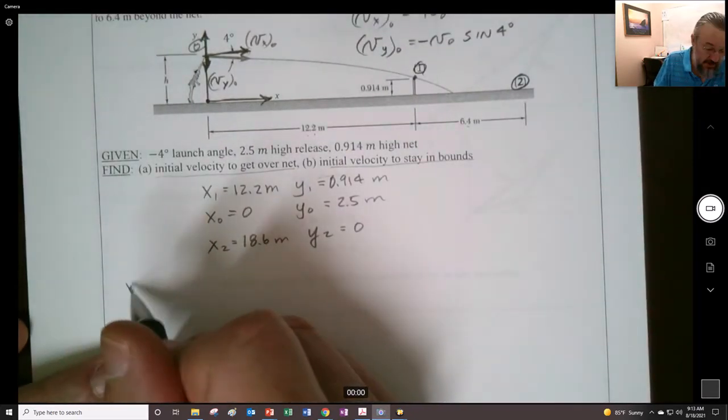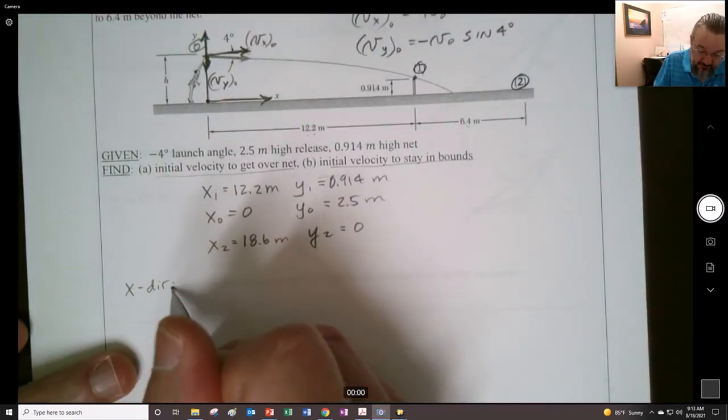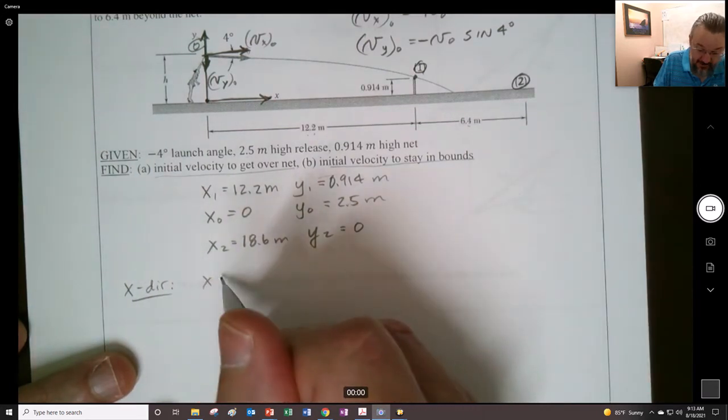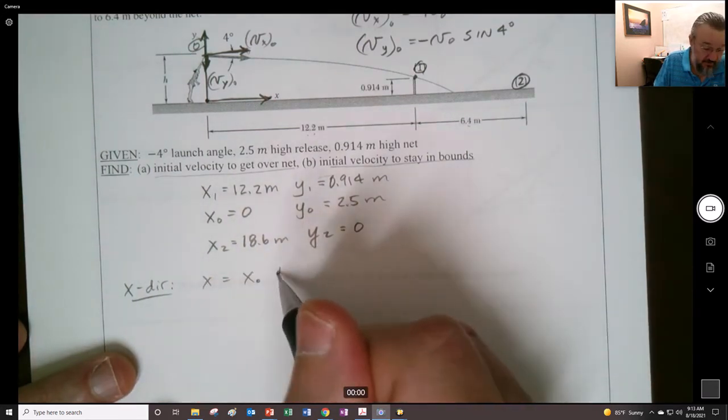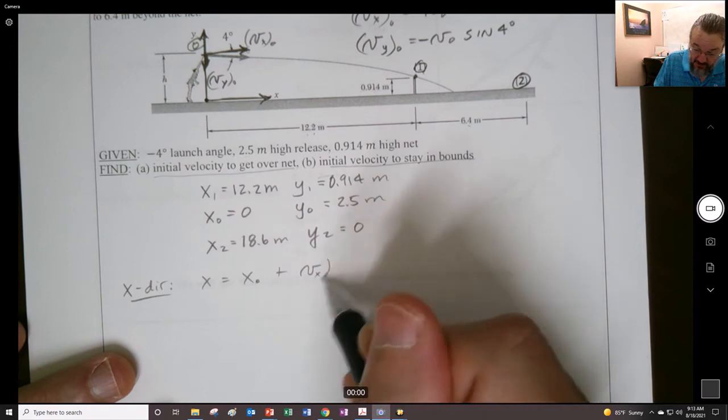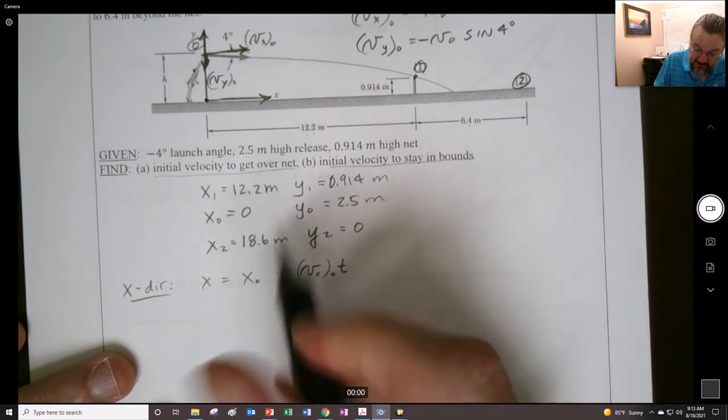So we know that in the x direction, we have x equals x naught plus vx naught times t.